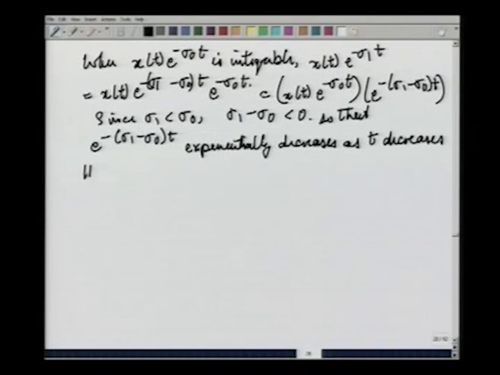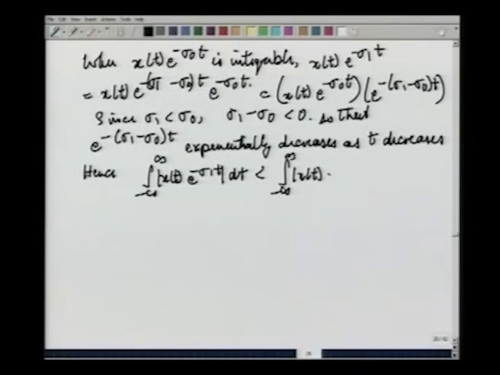Hence, the integral from minus infinity to infinity of x t e to the minus sigma 1 t dt is actually less than the integral from minus infinity to infinity of x t e to the minus sigma naught t. This guarantees convergence.